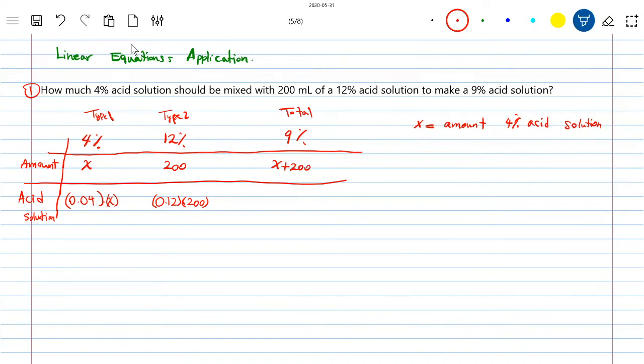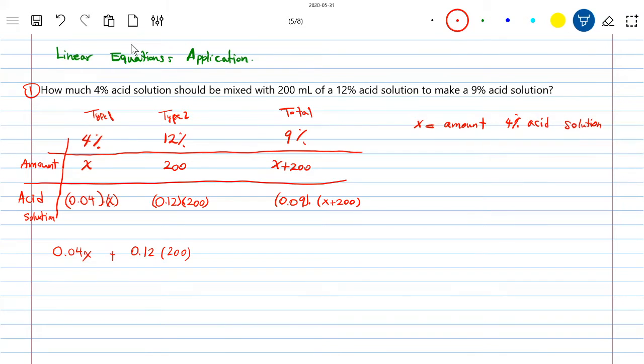And if I add these two together, I'll get 9%. So I'll get 0.09 times x plus 200. This is the total acid ratio. So what do we get? We can create the equation as 0.04x plus 0.12 times 200.